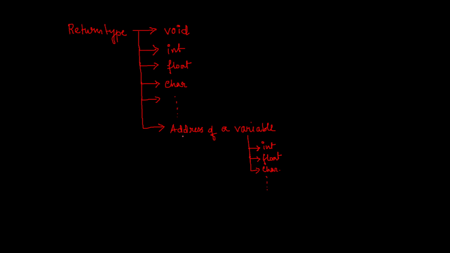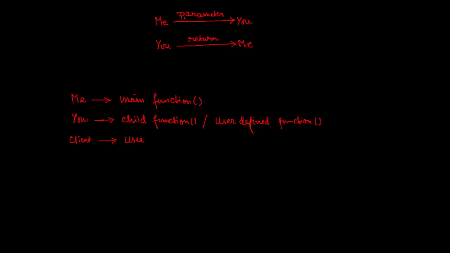Now, when a function returns an address of a variable, then naturally what will come in the scenario? Pointer. So we will discuss this particular part in the later phase of the function chapter. But before that, we have to understand how basically we can write a program having a function and how we can represent this parameter and return type.